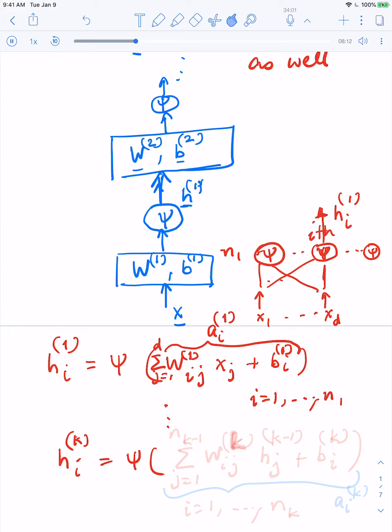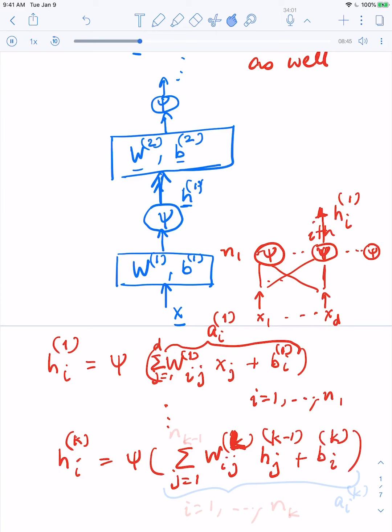So here also you'll have a summation, j equals 1 to, and we'll figure out what that is, w_ij^k for the kth layer, times the output from the jth guy in the (k minus 1)th layer, plus b_i^k.